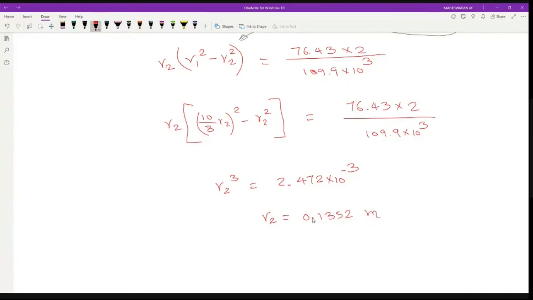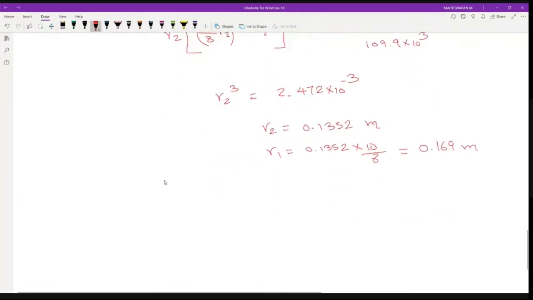In that case, what is your R1? It is 0.1352 into 10 divided by 8 meter. So your R1 is 169 mm. Sorry, R2 is 135.2 mm and R1 is 169 mm.